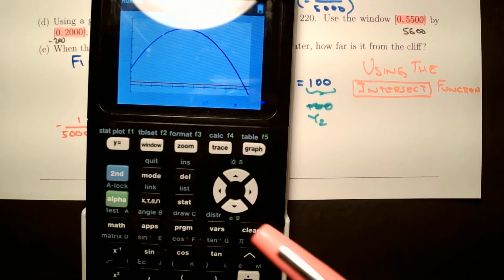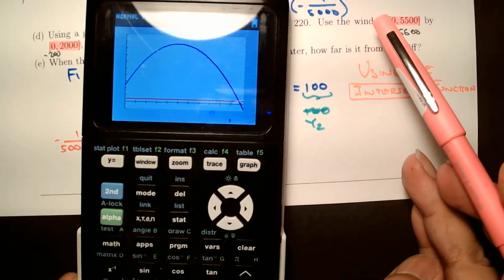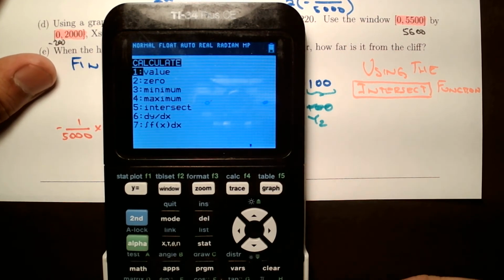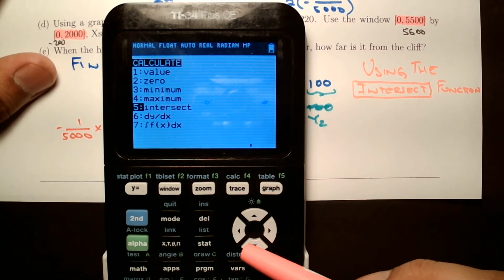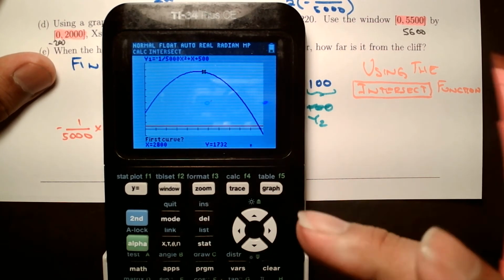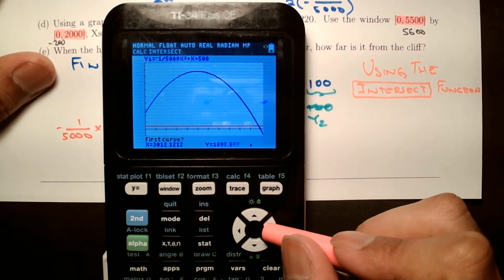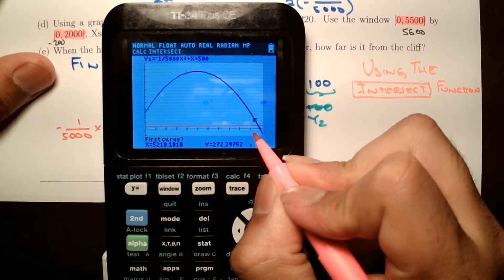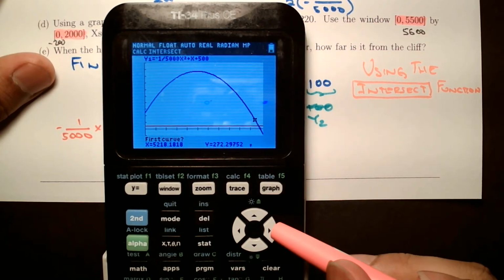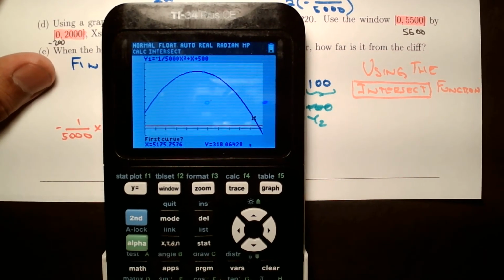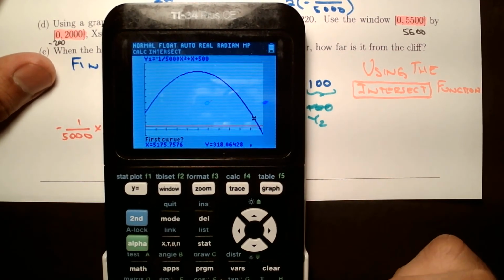We're going to go second, trace again, but in this case we're going to scroll down to number 5 and find the intersection. How are we going to do that? Notice the first star that pops up flashing. Just drag it as close as you want to this intersection point, not exactly at the point, just slightly before or after. It really doesn't matter, but before is typically fine.